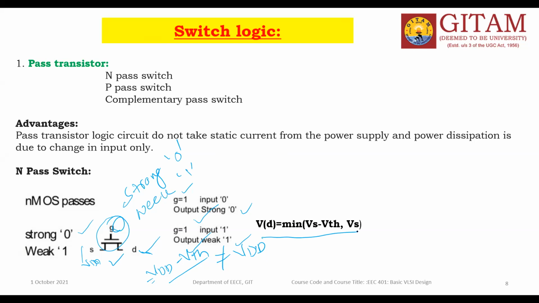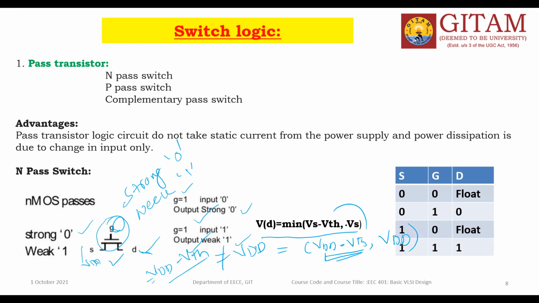Whenever it is closed, V of D is equal to the minimum value; Vs may be VDD, so VDD minus VTH, comma VDD. What is the minimum of these two terms? The minimum is VDD minus VTH. This is the minimum value, and this is the output. Okay. And one more thing.